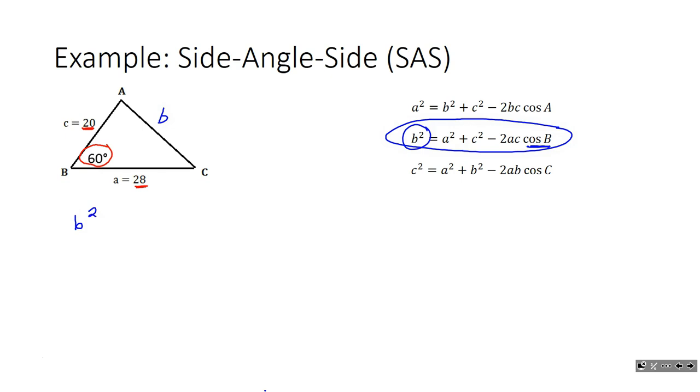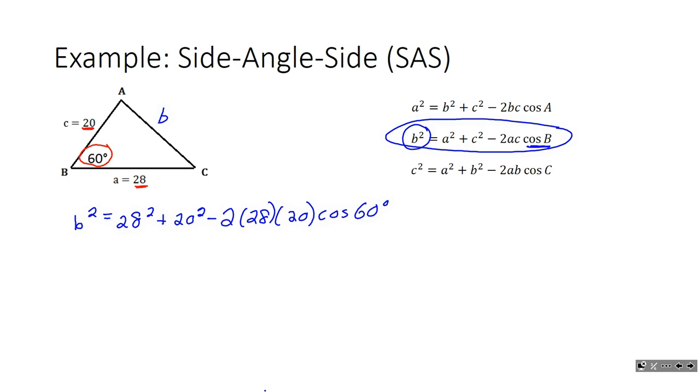We would have B squared equals A squared, that's 28 squared, plus C squared, which is 20 squared, and then minus 2 times A, 28, times C, which is 20, and that would be times the cosine of angle B, or the cosine of 60 degrees there.